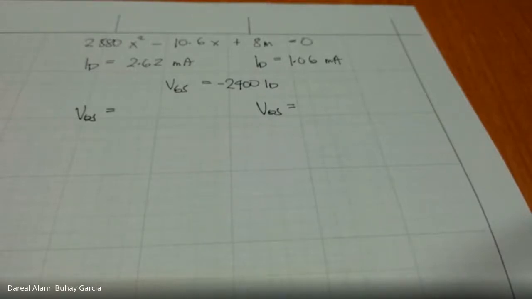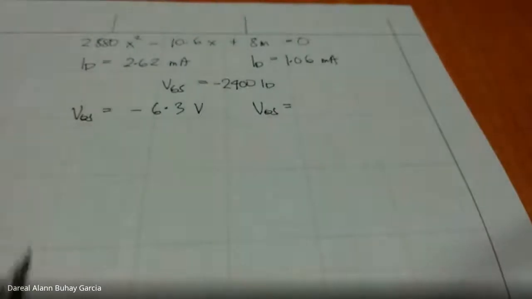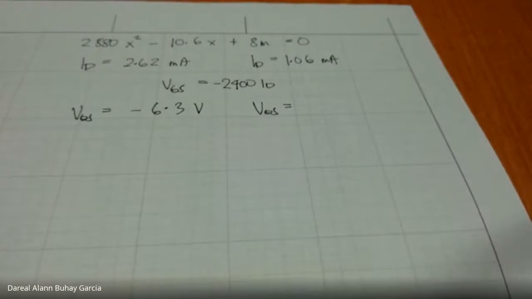One is negative 6.29, or negative 6.3 volts. For sure that's not it, because our VP is only negative 4. The other one is 1.06 times 2.4, which is negative 2.544 volts.